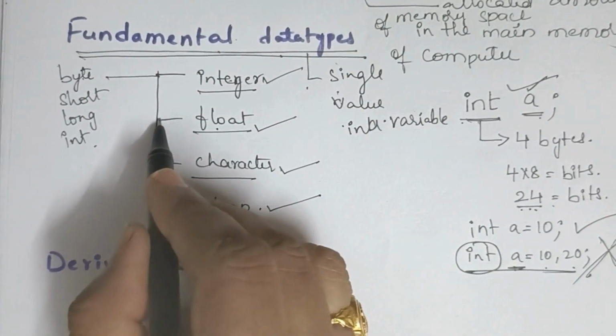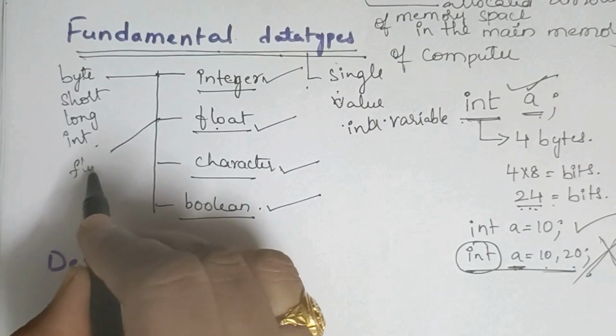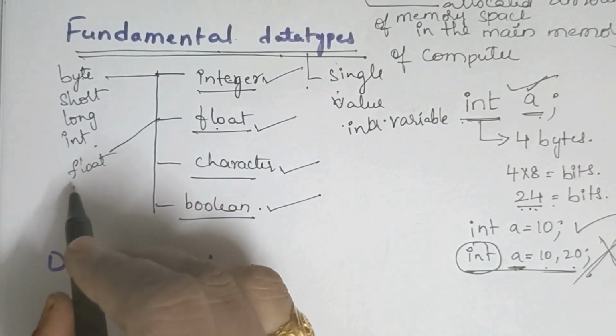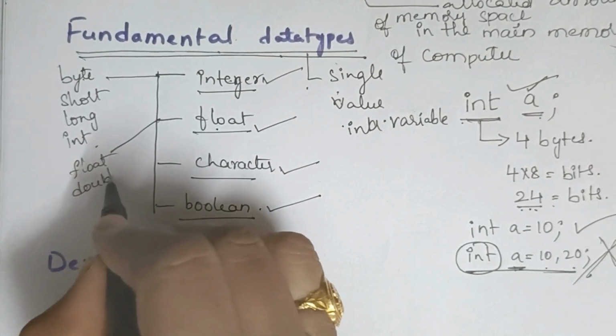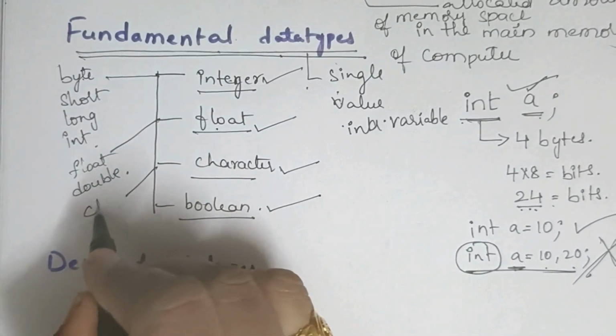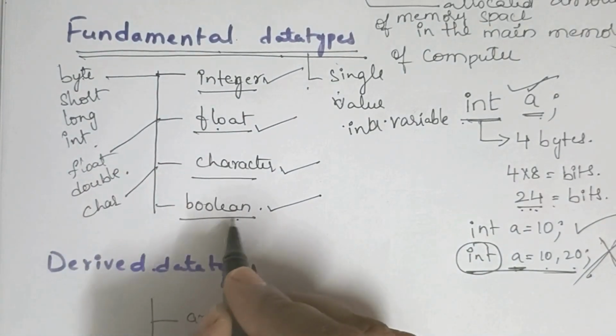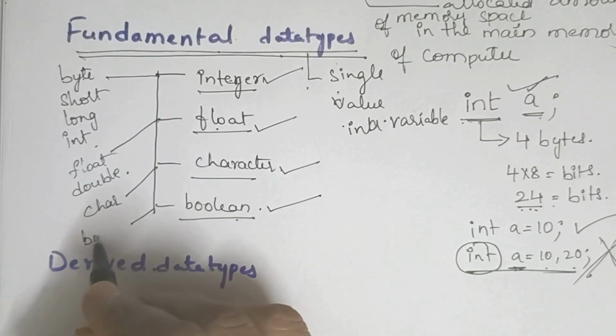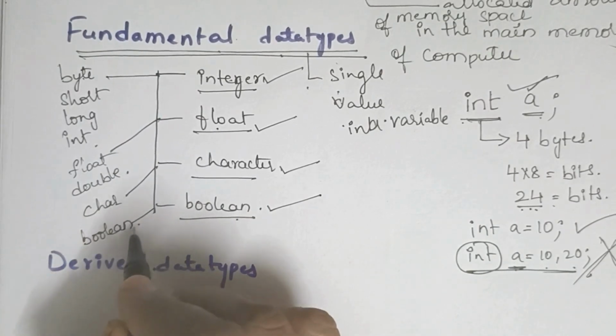In the float category we have 2 types, float as well as double. For character, char is the data type, and boolean is the data type which can store a true or false value.